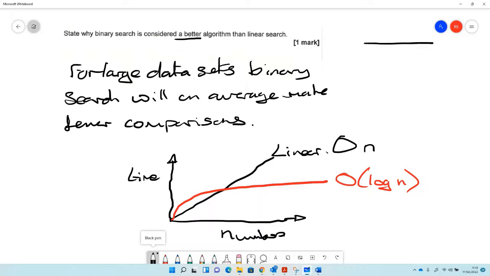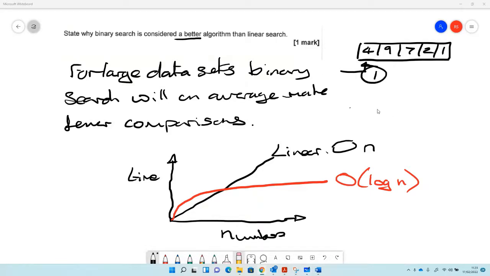So for linear search, if we've got an array that's got numbers like this, and we're looking for number 4, then we're going to find it in one comparison. So that's best case. If we are using binary search on these numbers, first of all, we'd have to sort them.